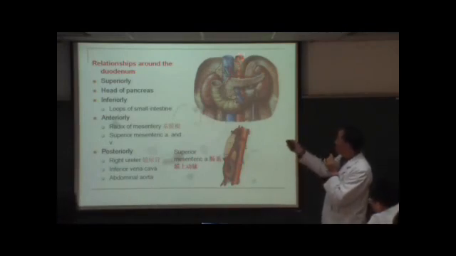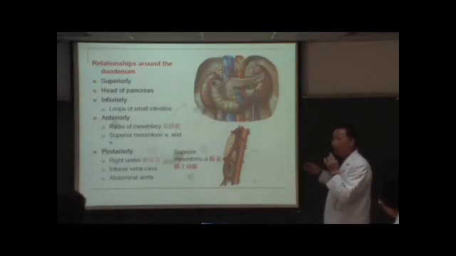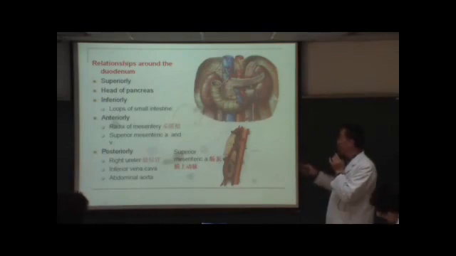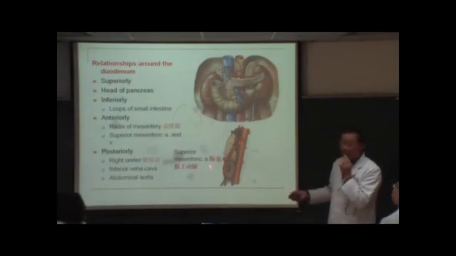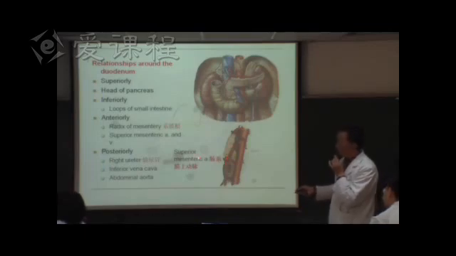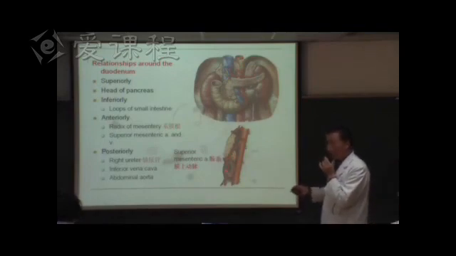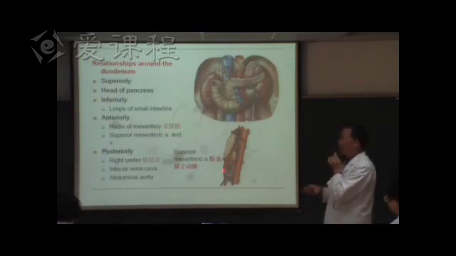If you make a section like this and see it from the left side, you can see this is the abdominal aorta, and this is the superior mesenteric artery. Between the superior mesenteric artery and the abdominal aorta is which part?